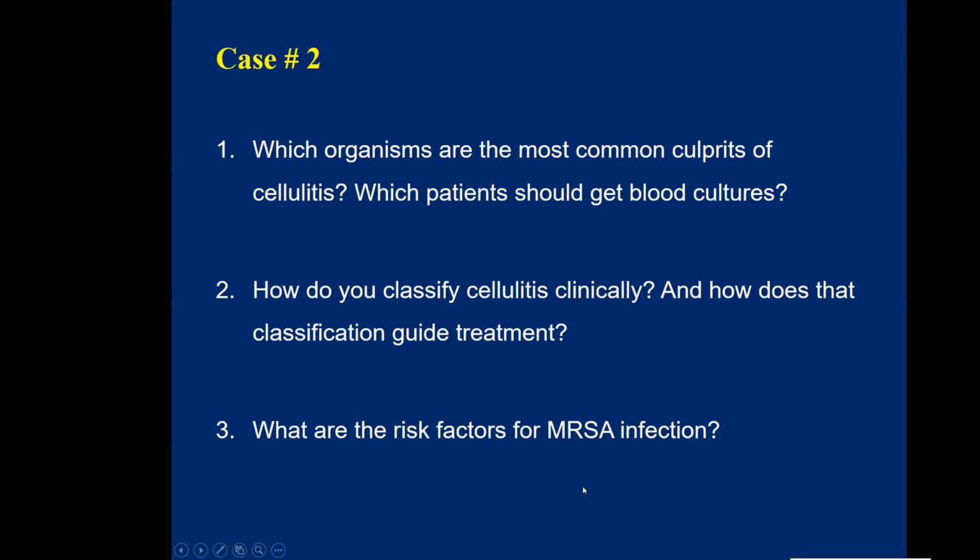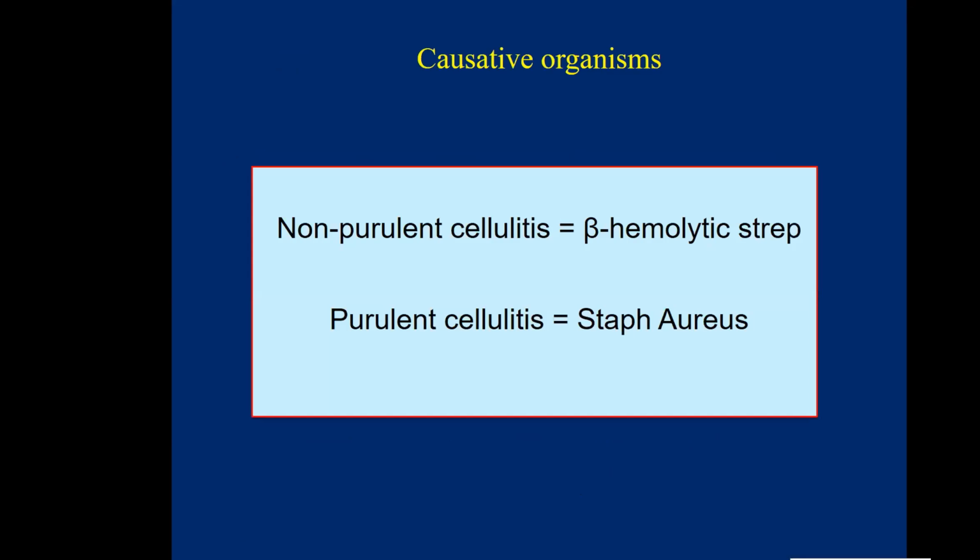Okay, so we're going to touch briefly upon those points. As Salvador was saying, that's pretty much the rule. Of course, nothing is absolute in medicine, right? So non-purulent cellulitis, beta-hemolytic strep, more than staph.